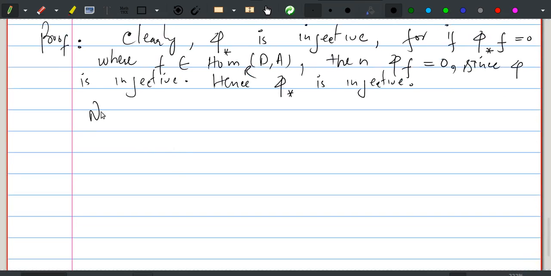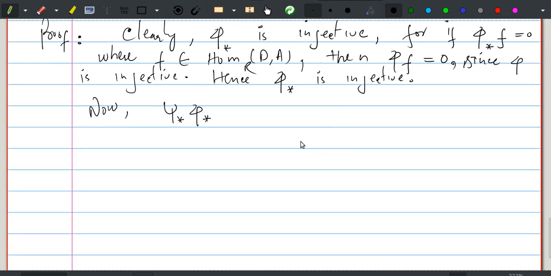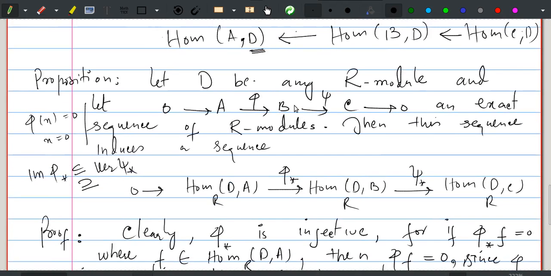Now psi star, phi star, this composition makes sense here because this sequence goes like this. First we have to operate phi star, then psi star. So by definition this is same as psi phi star, but the given sequence is exact.